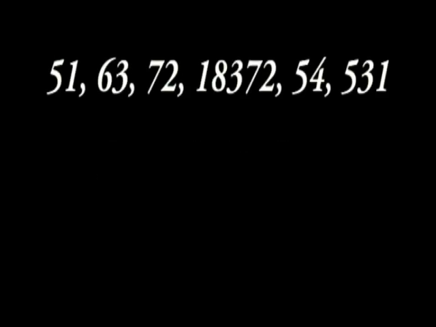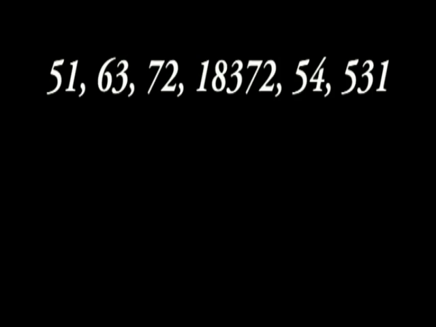Divisibility by 3. Consider the list of numbers below. All these numbers are divisible by 3. You can confirm that using your calculator. The numbers have a unique feature in that the sum of their digits is divisible by 3.